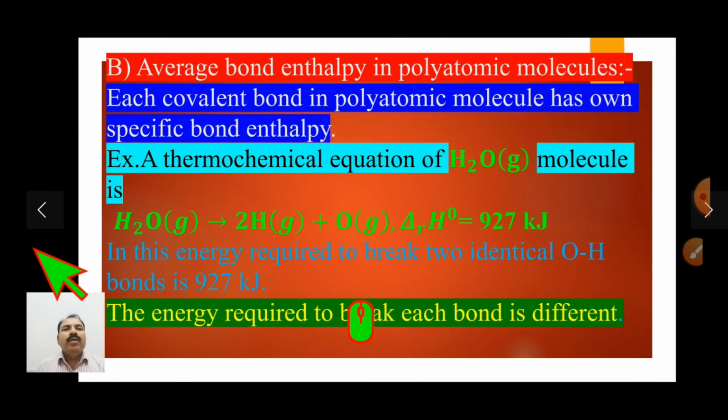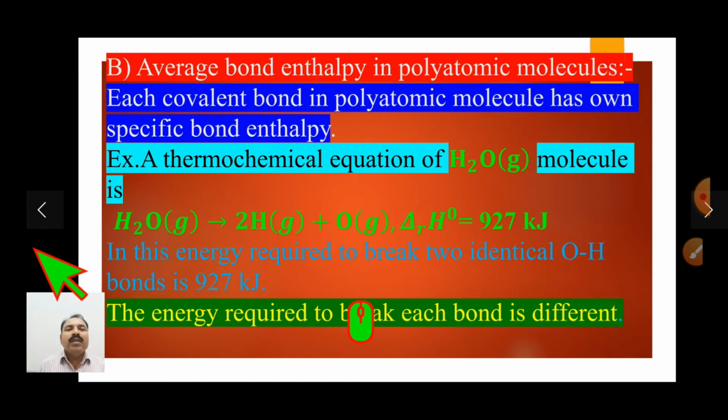Now, another example, for polyatomic molecules. In this case, we can see the average bond enthalpy in polyatomic molecules. Each covalent bond in a polyatomic molecule has its own specific bond enthalpy. We know that a covalent bond is a bond formed by the sharing of paired electrons. In this example, consider the thermochemical equation of H2O, that means gaseous water molecules.